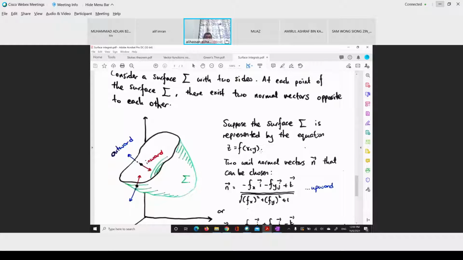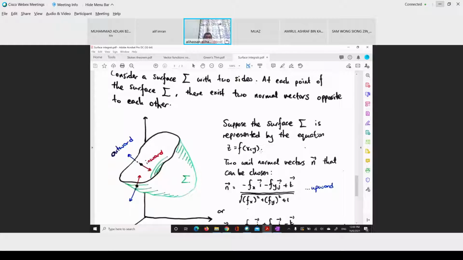The two unit normal vectors n that can be chosen are the upward normal or the downward normal. This one is in the upward direction and this one is in the downward direction. It is in the form of a vector, so we have vectors i, j, k as well.